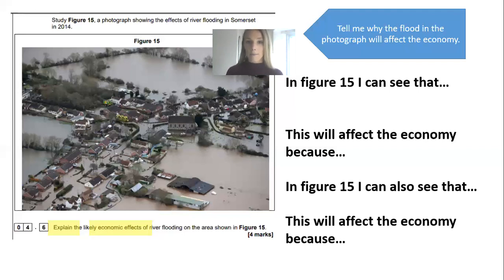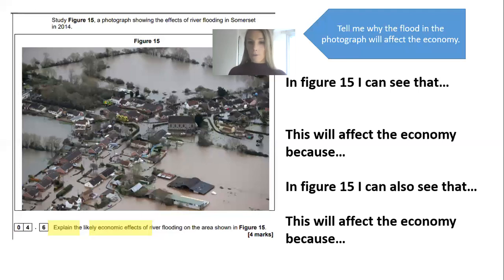So an economic impact of a shop flooding would mean that the stock has been damaged, a loss of trade. People might not have been able to get to work in the shop. The shop might be forced to close due to a loss of profit. So there are a number of economic impacts that you can see in this photograph.